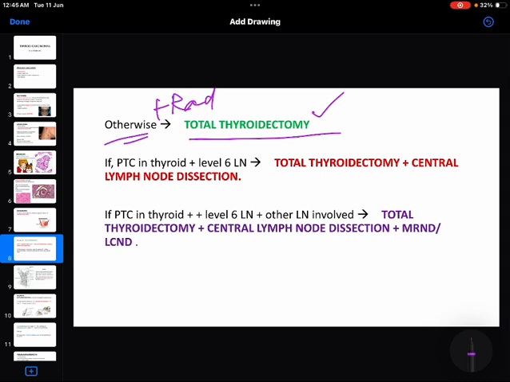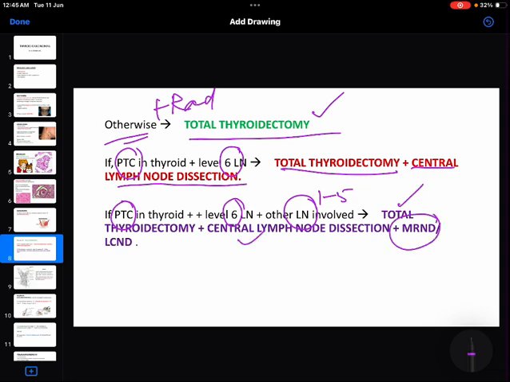If the patient has papillary thyroid carcinoma along with the level 6 Delphian node involved, then we do total thyroidectomy with central lymph node dissection. We remove the level 6 nodes. If the patient has level 6 and also some other nodes from 1 to 5 involved, then we perform total thyroidectomy with central lymph node dissection along with MRND.